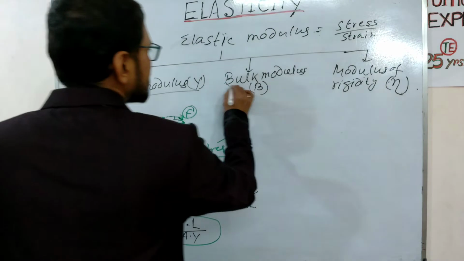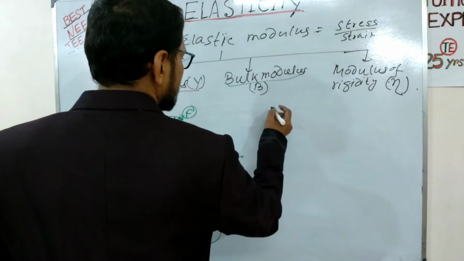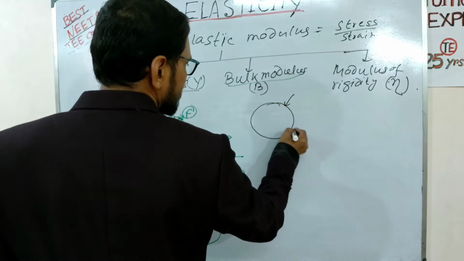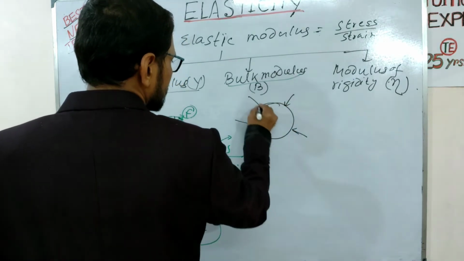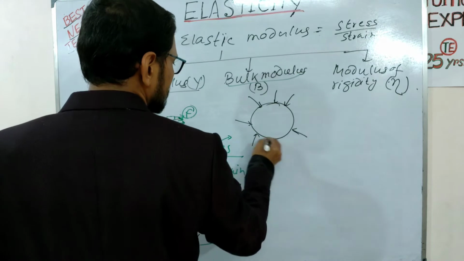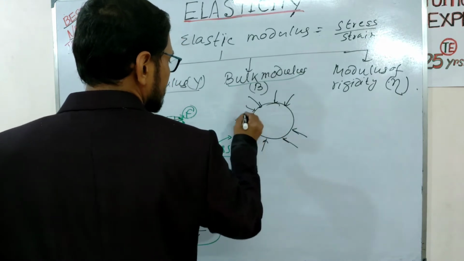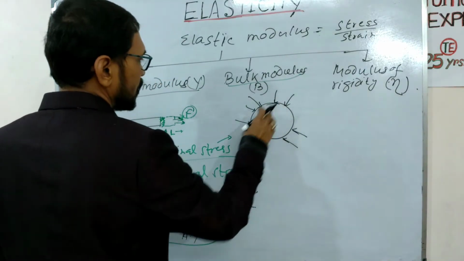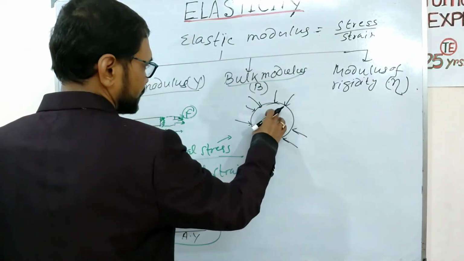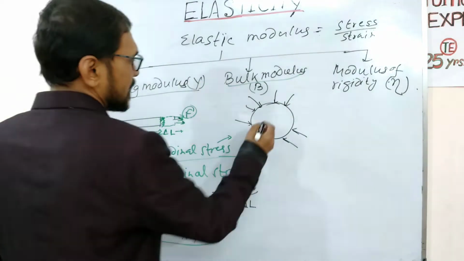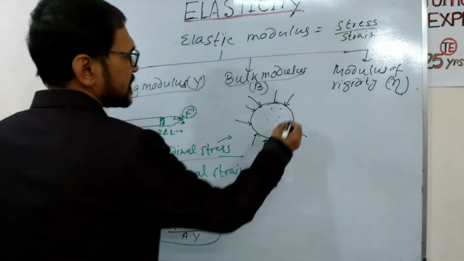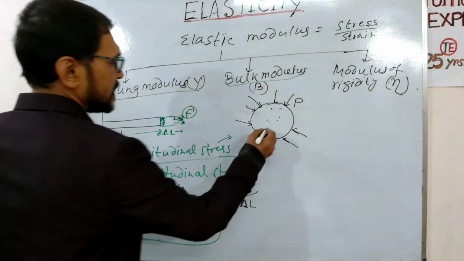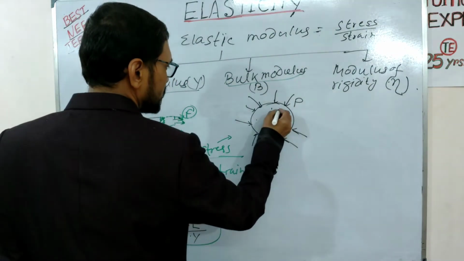Now what is bulk modulus? Bulk modulus applies when a uniform pressure is applied on a spherical body. Suppose here is an elastic ball, a rubber ball, with some air inside. If an external uniform pressure is applied, then the volume will be decreased.